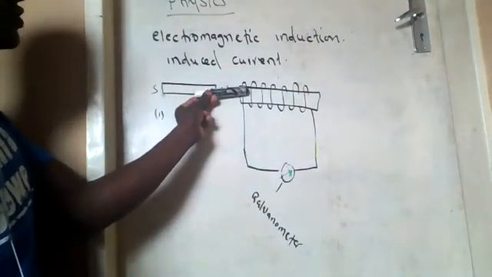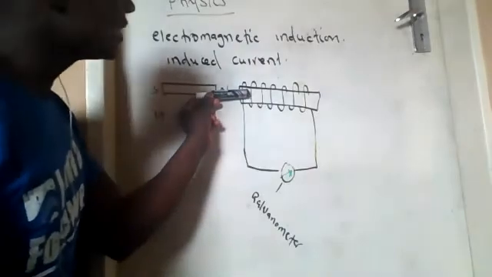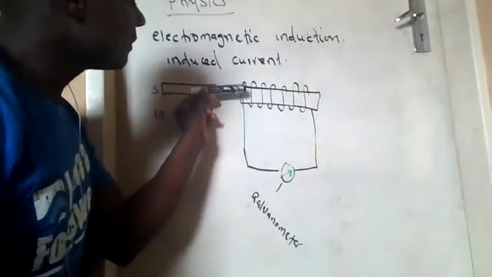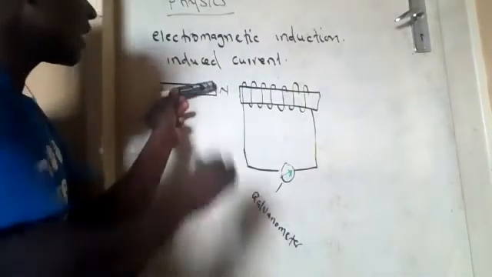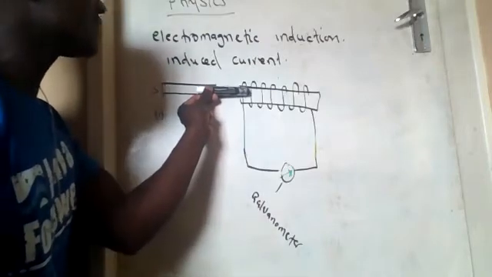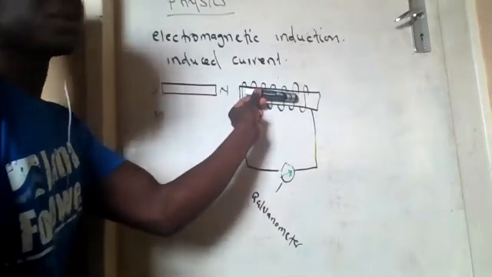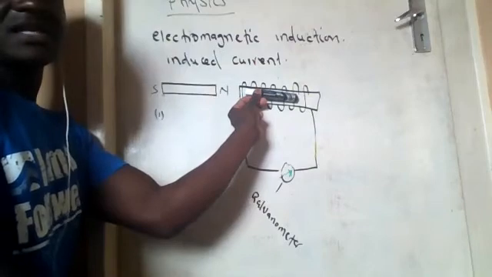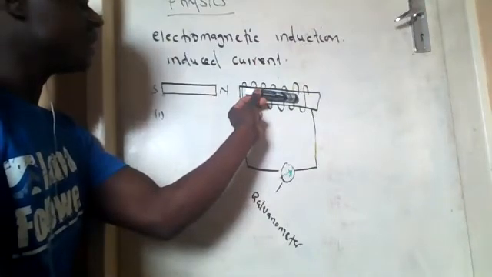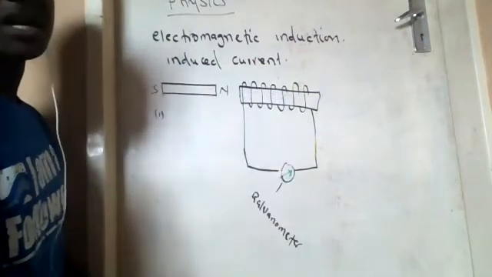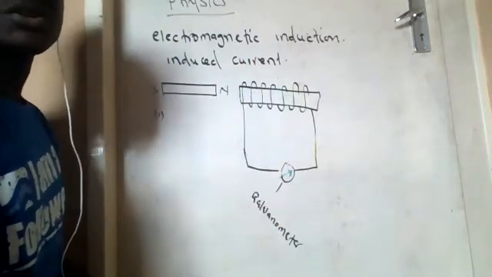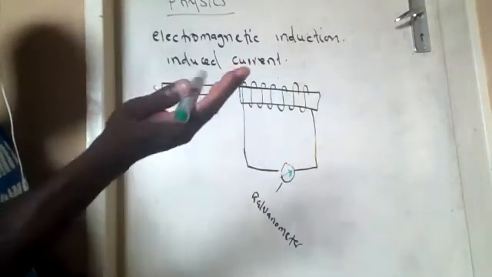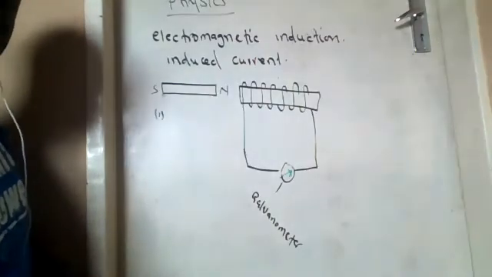Now, the moment the magnet rests after it goes in halfway, then you slide it inside and it stops moving. The moment the magnet stops moving inside of the solenoid, the pointer will go back to the initial position. Why? Because there is no current produced.